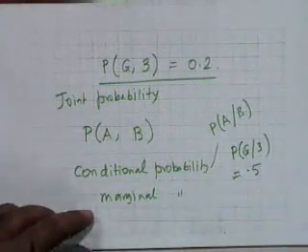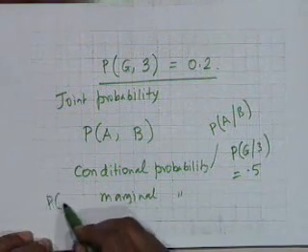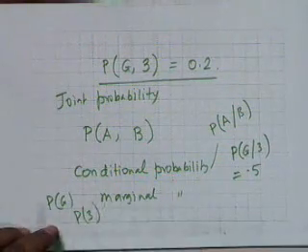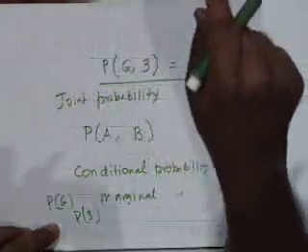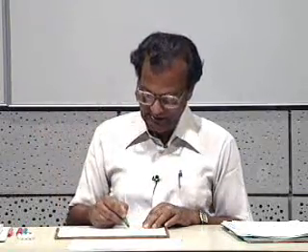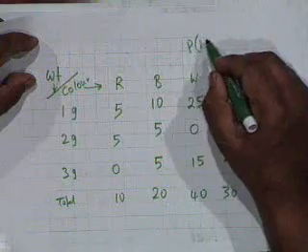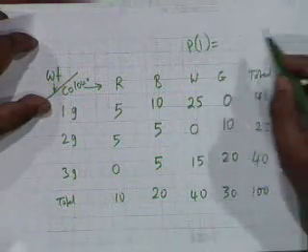And these ordinary probabilities, that is, the probability of a green ball being picked up, or the probability of a 3 gram ball being picked up, the probability of a single characteristic event, are known as marginal probabilities. We have already calculated the marginal probabilities of the colors P(R), P(B), P(W), P(G). We can calculate the marginal probabilities of weights also. For example, the marginal probability of 1 gram is obviously 0.4.